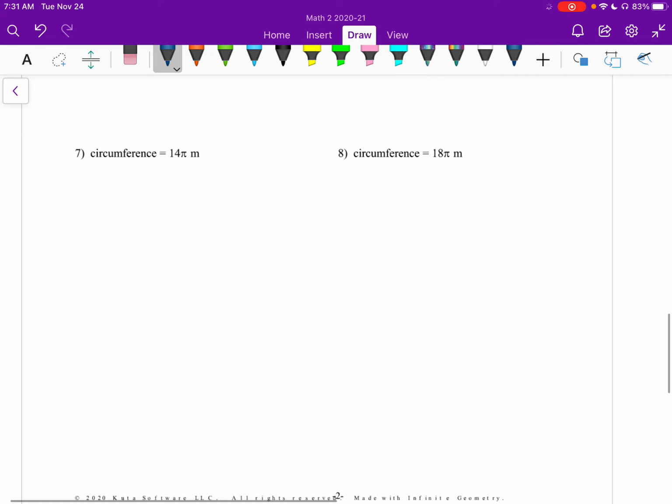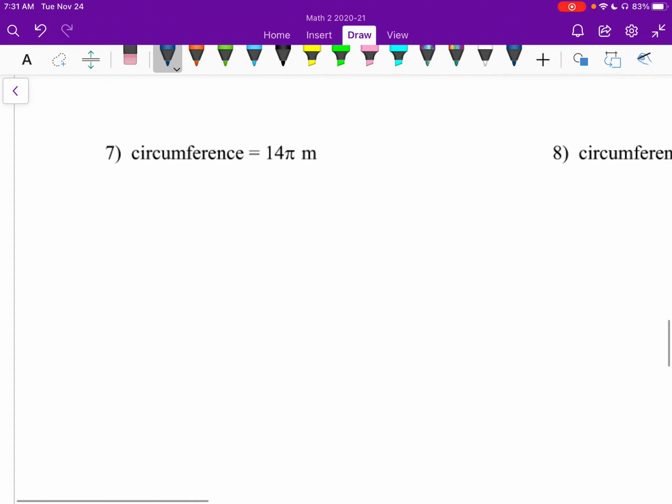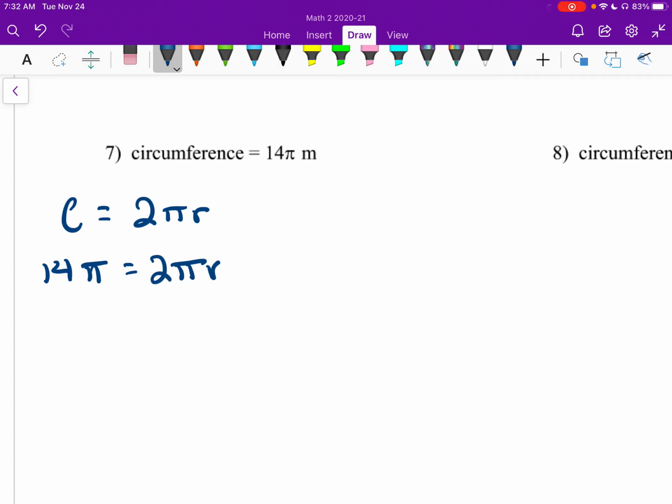Number 7 and 8, these are the only ones that should be relatively interesting, longer, difficult. We're going to have to first start off by plugging in and getting our radius. So I know that circumference is 2 pi r. So I can say 14 pi is 2 pi r. My pi's can cancel, say I divide by pi on both sides.